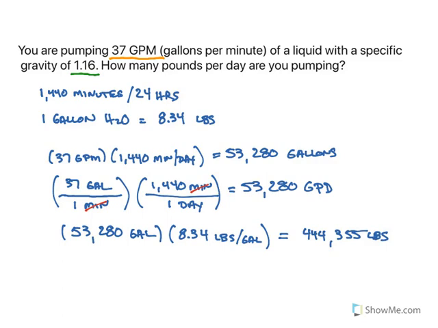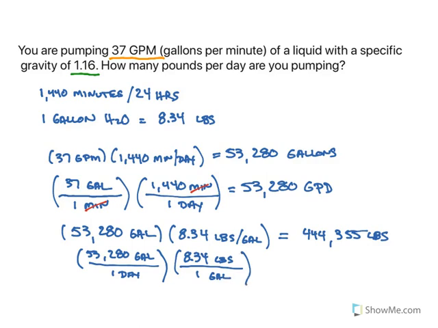And again, if I wrote this equation like this, 53,280 gallons per, means divide, so gallons per day, times 8.34 pounds per gallon. Remember, per means divide. Then in this case, our gallons cancel out, and we get 444,355 pounds.